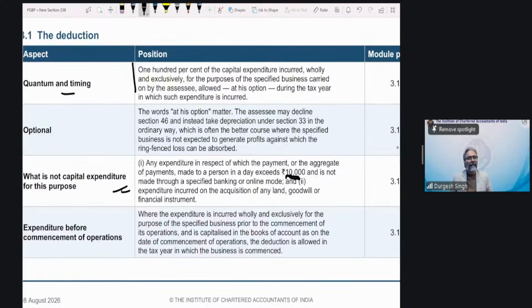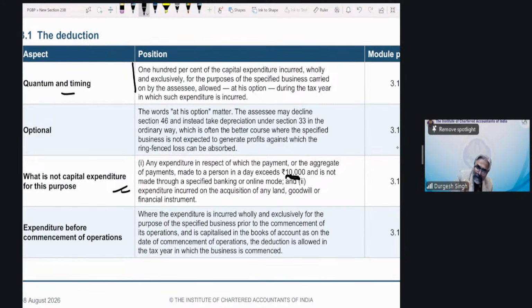If you are making the payment in excess of rupees 10,000, the same condition we have seen. This 10,000 condition was for disallowance: cash payment in excess of 10,000 on a single day is disallowed. The same 10,000 part you have seen in the actual cost also. In actual cost, you have to reduce something and then you have to add something.